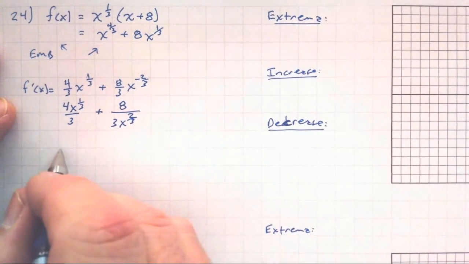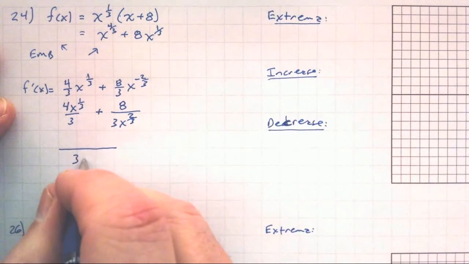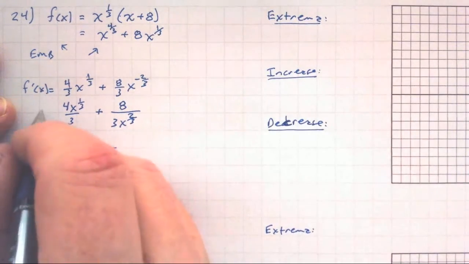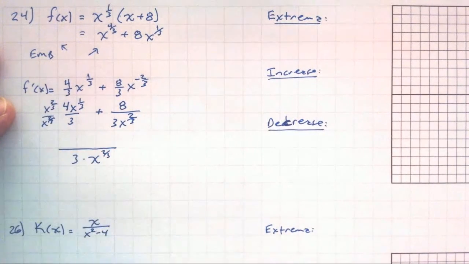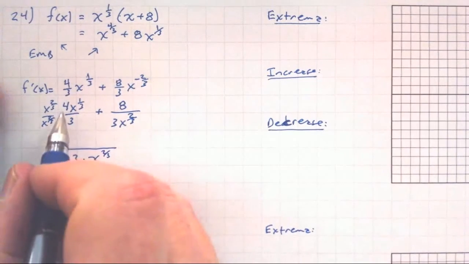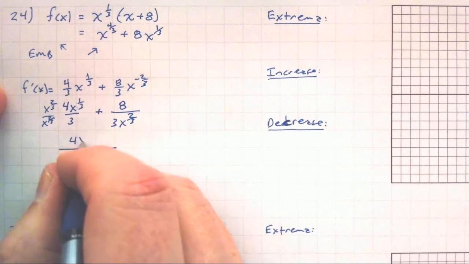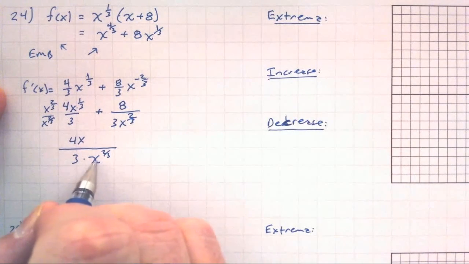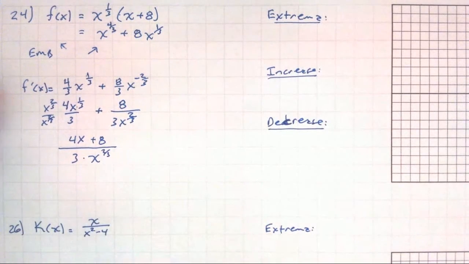Therefore, for my least common denominator, I need a factor of 3, but I need a factor of x to the 2/3 as well. I had to multiply this by x to the 2/3 on x to the 2/3. We can do that. In fact, it's kind of nice. I get 4x to the first, and that would be on 3x to the 2/3, just plus 8.